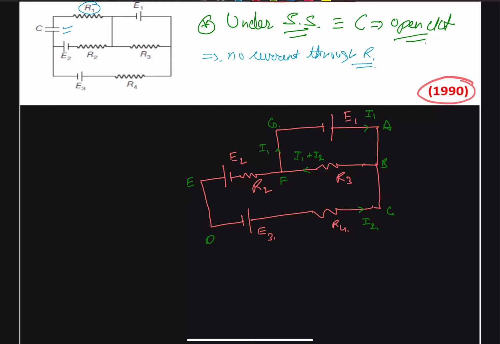So we have this I1, and obviously the other current will be our I2, that will be flowing through R2, and the current that is incoming to E3 will be our I2.